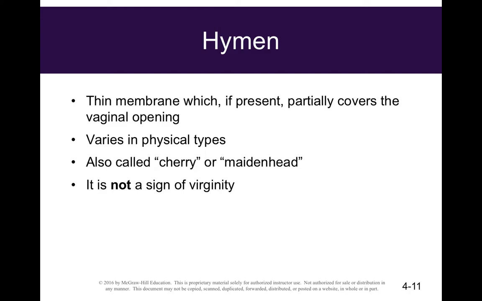It's really important to understand that the hymen is not a sign of virginity. Some females are born without a full hymen. Some of them injure it through riding horses or other falls or traumatic events. And so hymens are not a sign of virginity.